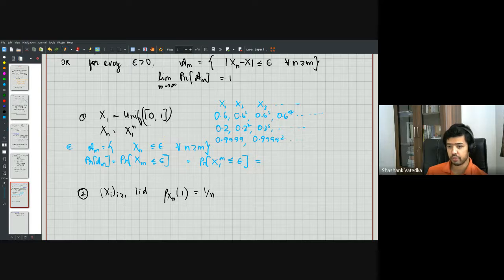It's a continuous random variable. Any guesses?